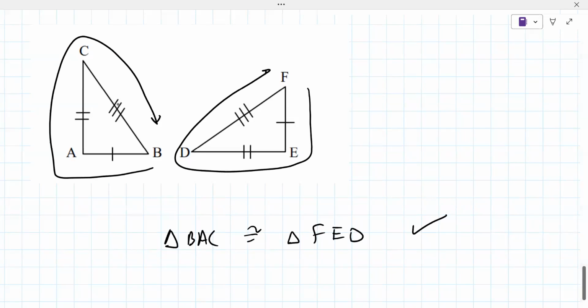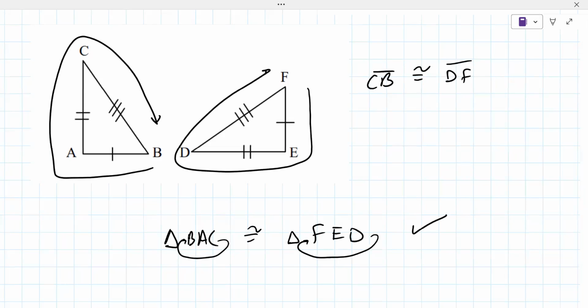All right. So now what is CB congruent to? CB is congruent to DF, or FD. DF. Yes, DF. See how C wraps around to B? That's how you do this.